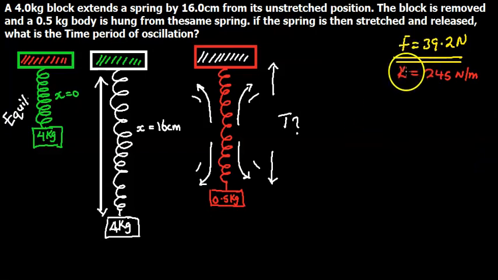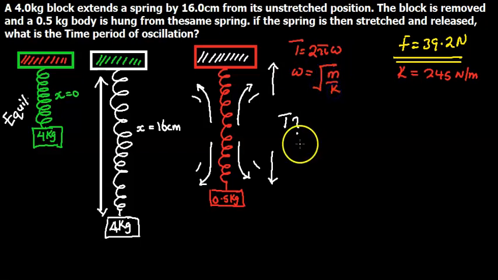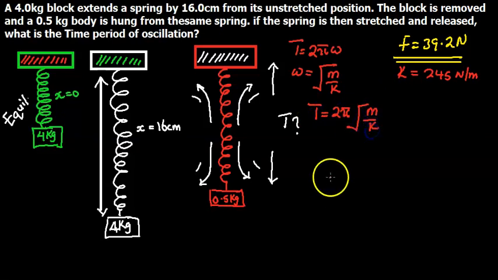The next thing we need to find is the period of oscillation, which is given by T equals 2 pi over omega. Omega is the same as the square root of k divided by m. In this case, you can put it differently by saying T is simply going to be 2 pi times the square root of m over k. Remember, m is the mass, which is 0.5 kilogram for the second problem, and k is the spring constant, which is 245.